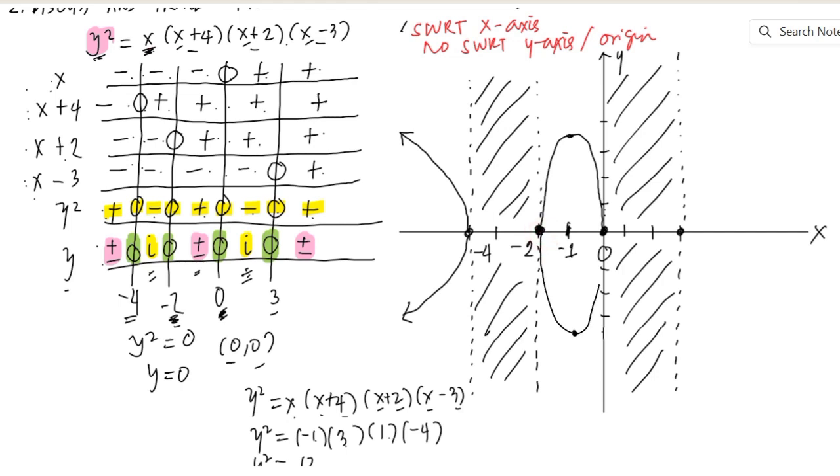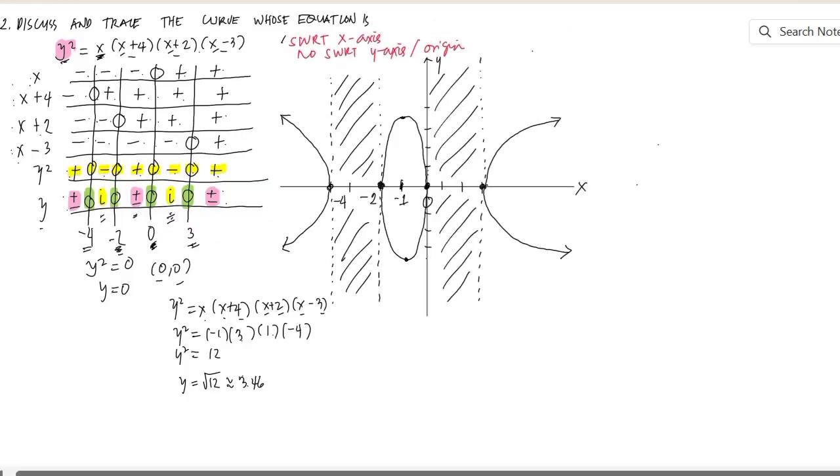For our 3 to the positive infinity, we have the positive and negative value. So we are expecting here the same graph at the bottom. Let us now discuss our curve. So let's start with our domain.